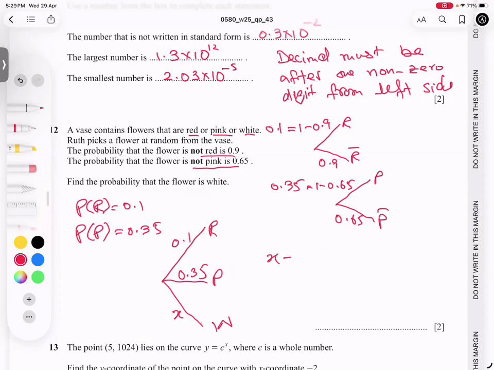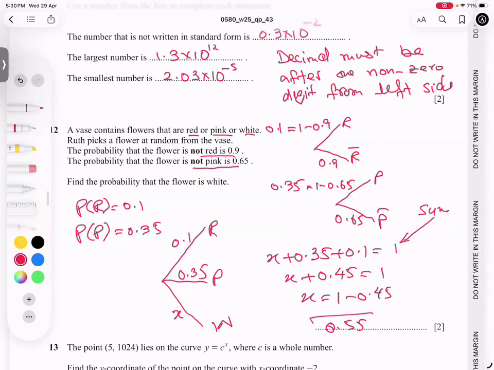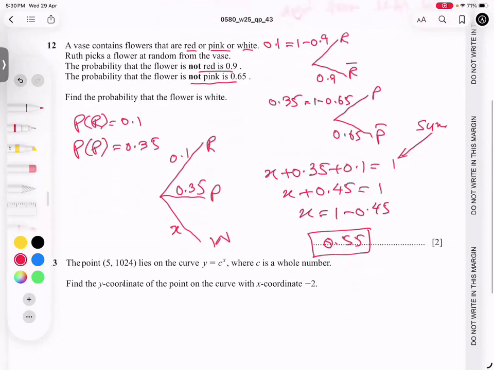I'm writing here x plus 0.35 plus 0.1 is equal to 1, because the sum is always 1 on any branch. So here I'm getting 0.45 is equal to 1. And 1 minus 0.45 is giving us 0.55. So Alhamdulillah Rabbil Alameen, I believe you understood very well. Okay, let's talk about the next question.